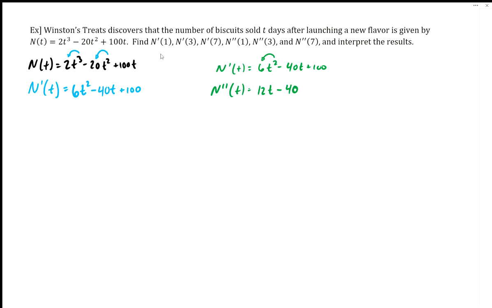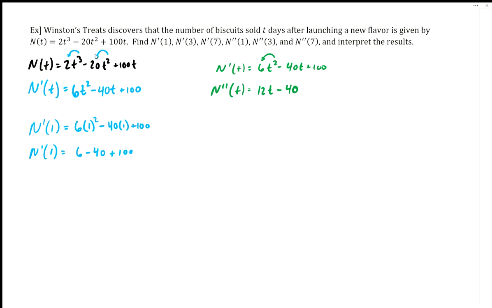All right, and now let's see what these represent. So we've got n prime of 1. We would just sub that in, so 6 times 1 squared minus 40 times 1 plus 100. And then let's simplify. So n prime of 1 equals 6 minus 40 plus 100, and we'll simplify it the best we can.